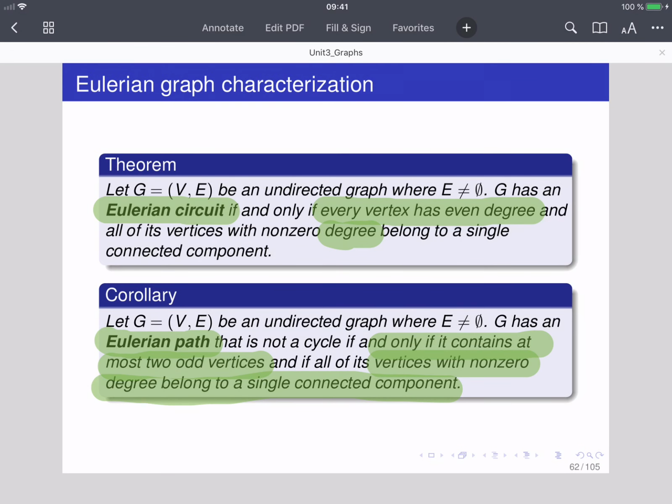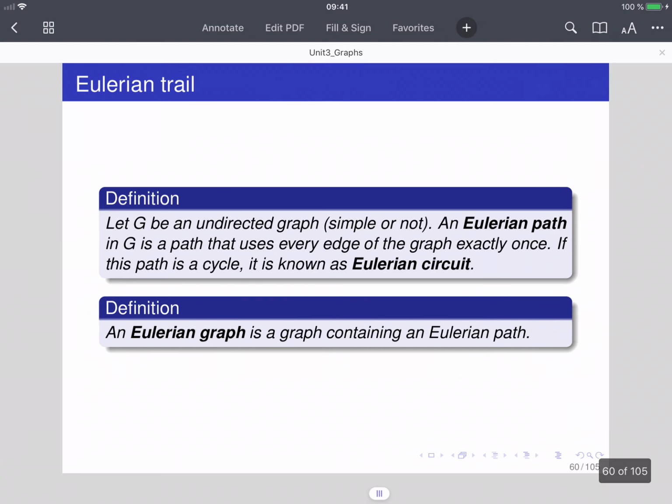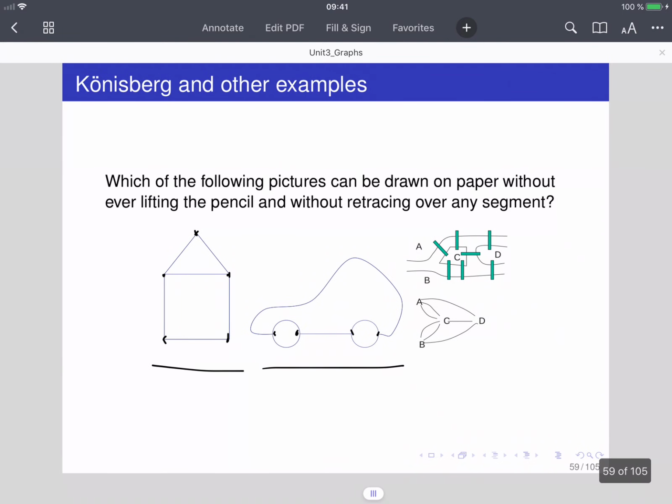So before proving this and using an algorithm to find these paths in the case that they exist, let's go back to the original question of the Königsberg bridges problem.